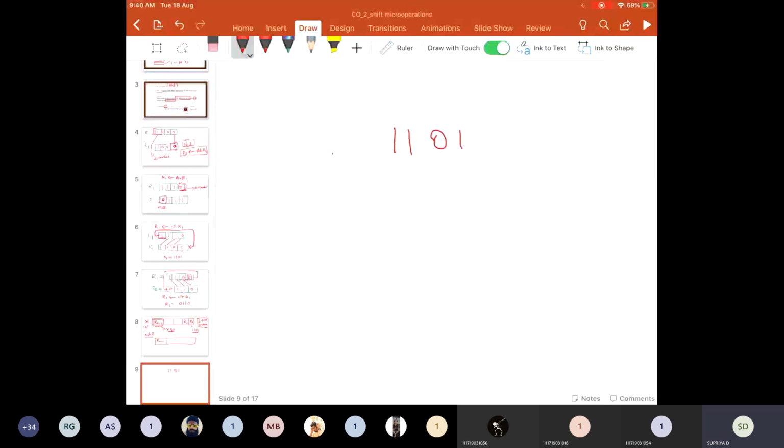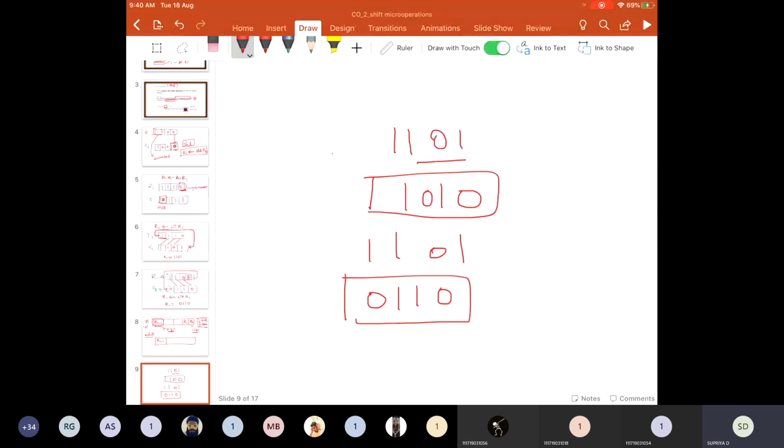So it will be 101, and a 0 will be inserted. It will be 1010 after logical shift left. And if I want to perform logical shift right for the same number, then I will be discarding the least significant bit and a 0 will be inserted in the most significant bit. It will be 0110.